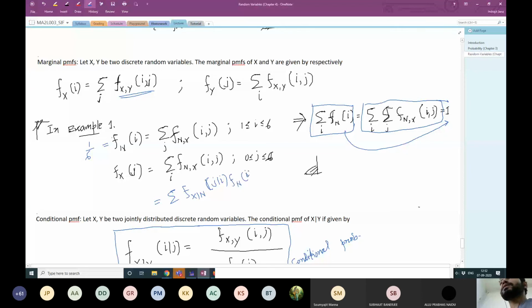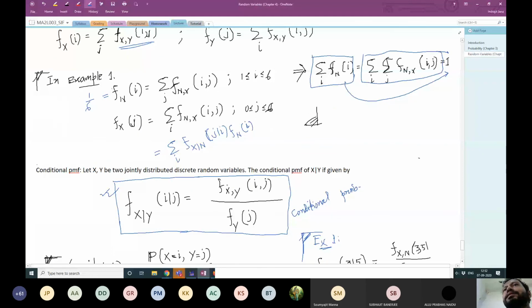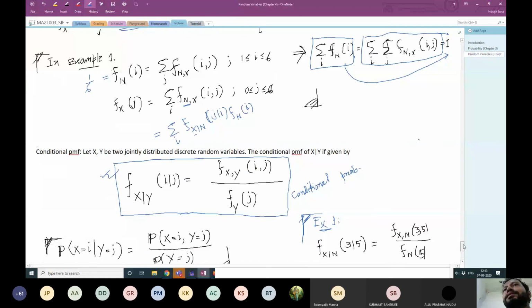Why is that? This is very simple. This is actually the law of total probability. You can see it from here: f_XY(i,j) is the same as f_{X given Y}(i given j) times f_Y(j). So basically, what I said today is nothing new. It's essentially conditional probability and the law of total probability repackaged in a different format.